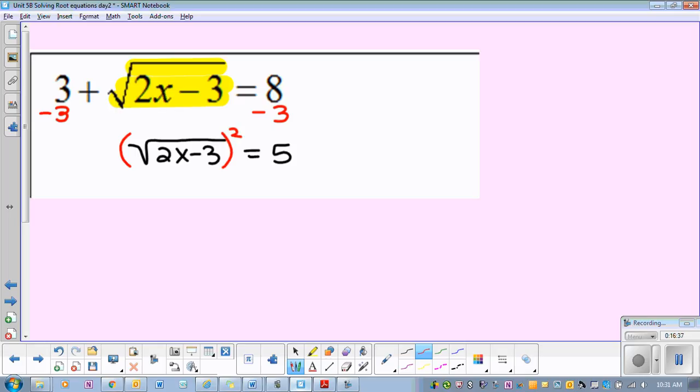You get rid of the root by taking the power. And whatever you do to one side, you do to the other side. Are you writing this down? Write this down. 2x minus 3 equals, what's 5 squared? 25. And then look, perfect. That's a nice, pretty, linear equation that we can solve, right? Solve for x.